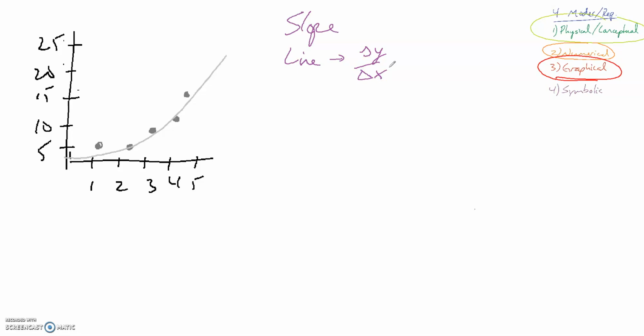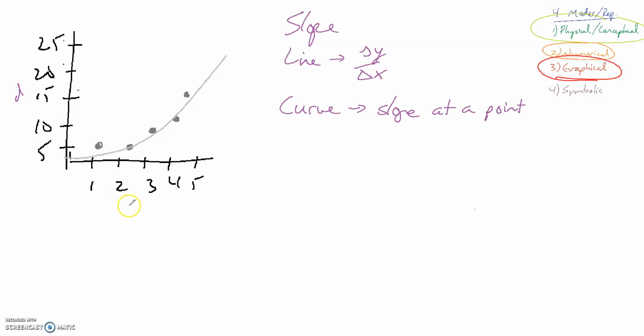But what if it's a curve? If you have a curve, you have to do something else. Now, of course, if it's a curve, it doesn't have a slope. It actually has multiple slopes. And when you have a curve, what you can do is you can find the slope at a point. Now, let's sort of go back to grade 10 a little bit.